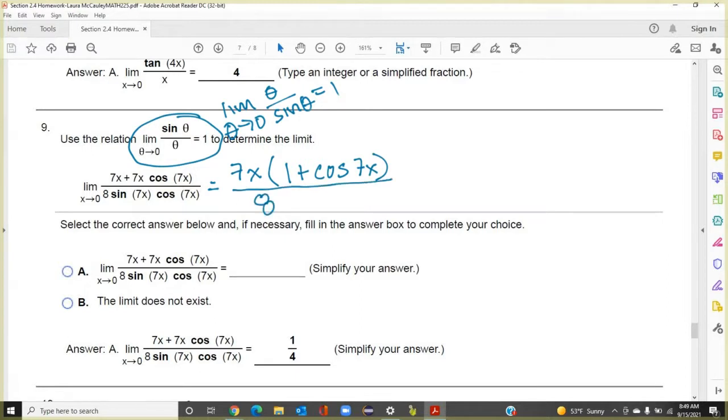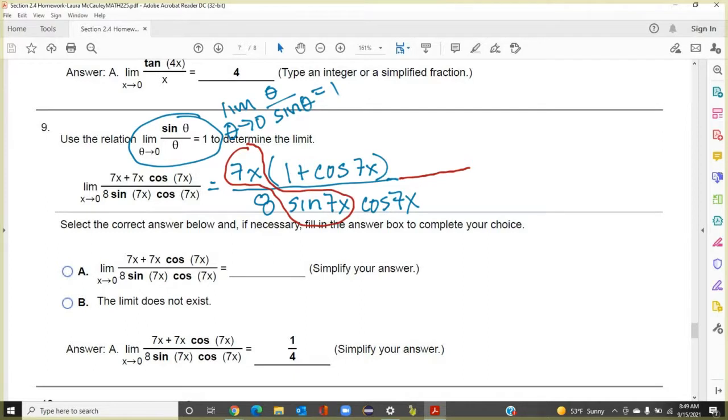And then on the bottom, we have an 8, a sine 7x, and a cosine 7x. So our main problem here is this sine 7x. What I'm going to do is just extend this. And, oh, we don't even need to. Check this out.